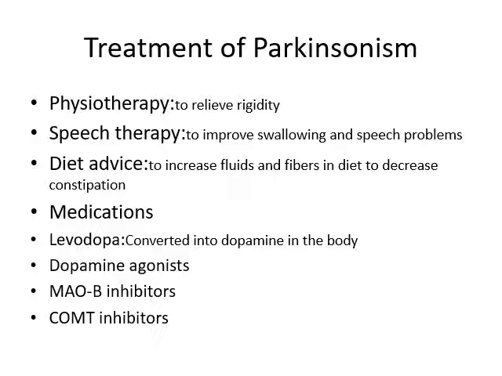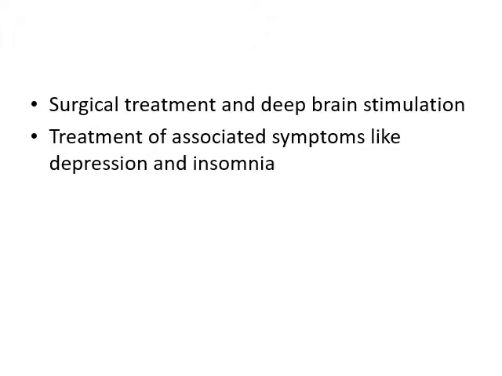The medications that we use in treatment of Parkinsonism are L-DOPA or levodopa, which is converted to dopamine in the body. We have dopamine agonists. We have MAO-B inhibitors, COMT inhibitors. Surgical treatment, mainly deep brain stimulation, and treatment of associated symptoms like depression and insomnia.